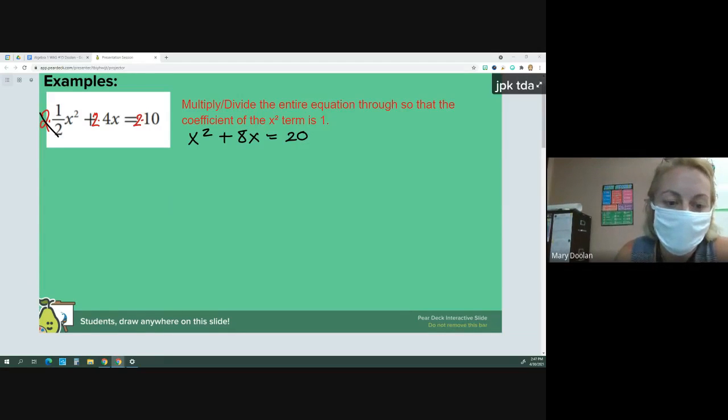And then we're going to use the coefficient of the x term, which is called b, but that's kind of arbitrary. It is b, but we use that to divide it by 2 and then square it so that we can complete the square. Which is 4 to the second power.